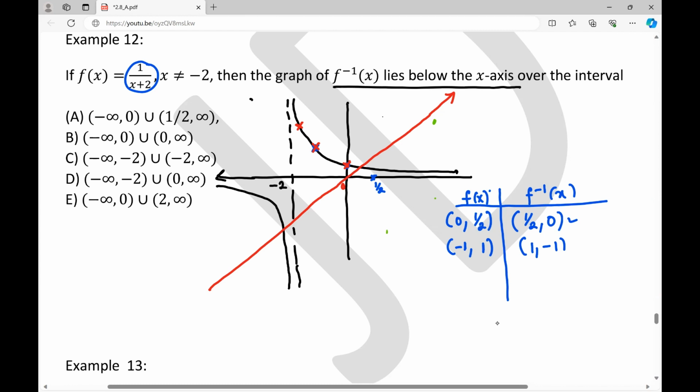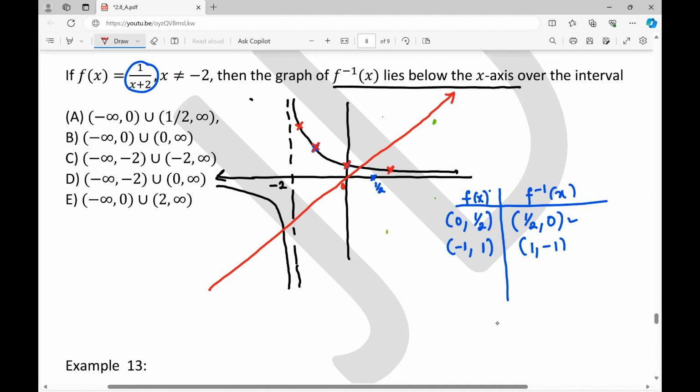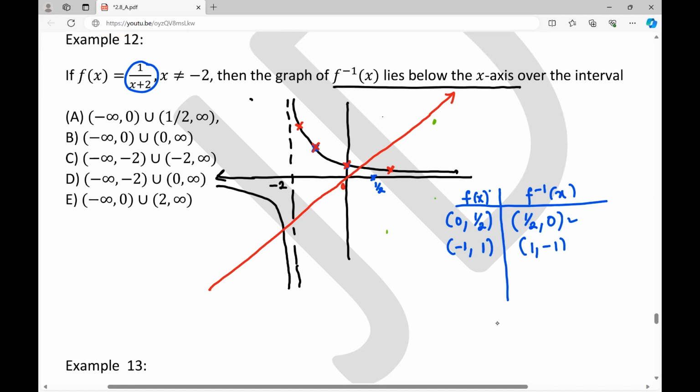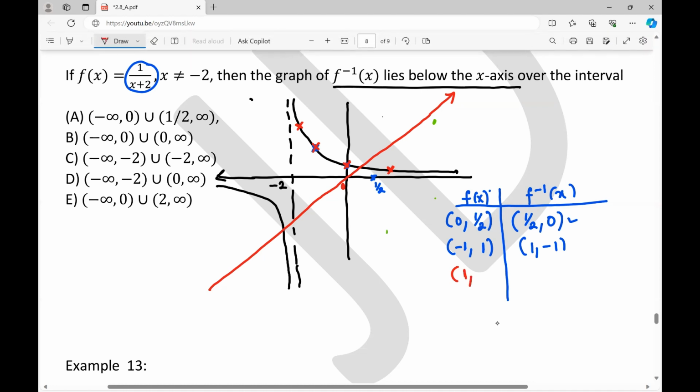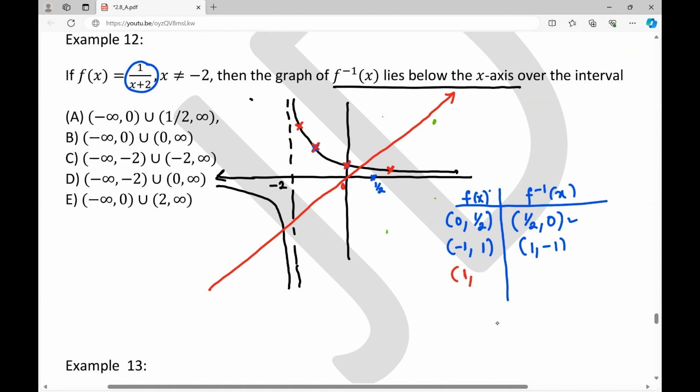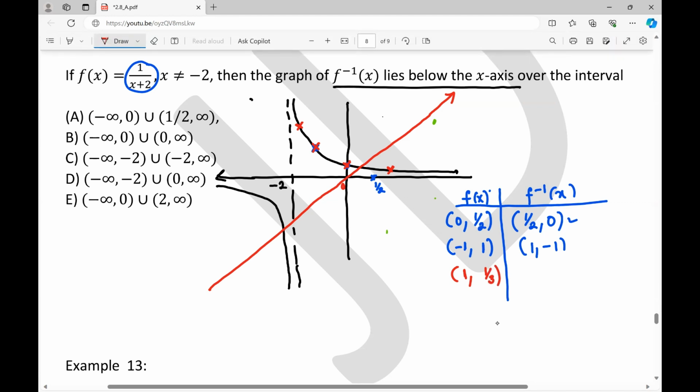We've taken one here. So let's come to this side. If you come to this side of the curve, we can take a point there. Say we take x is equals to 1. If x is equals to 1 there, which is to the right of half, what is y? Put 1 here, you will have 1 over 3.